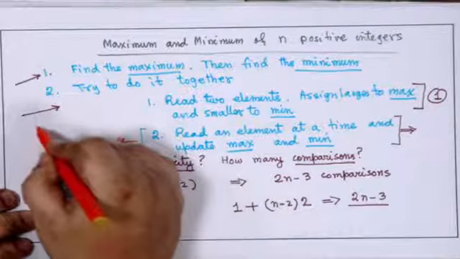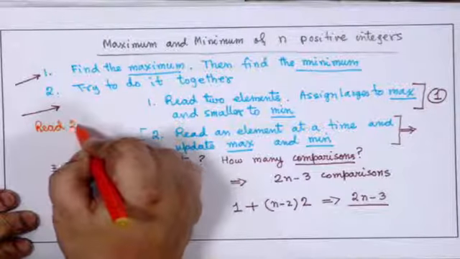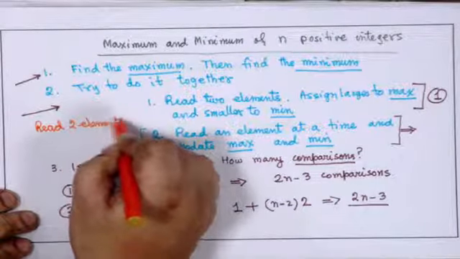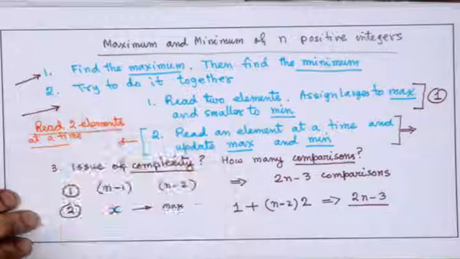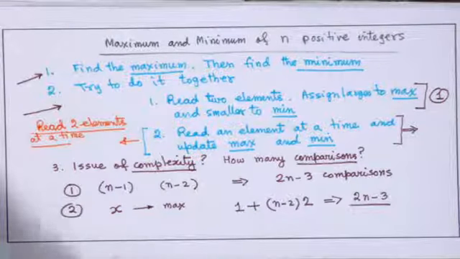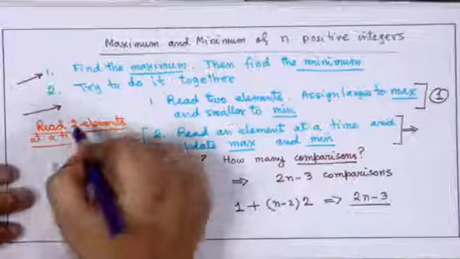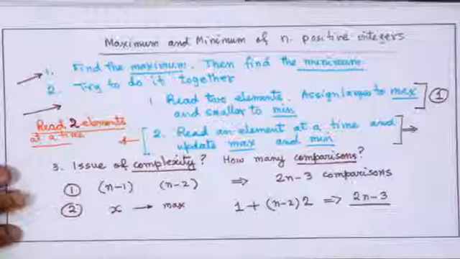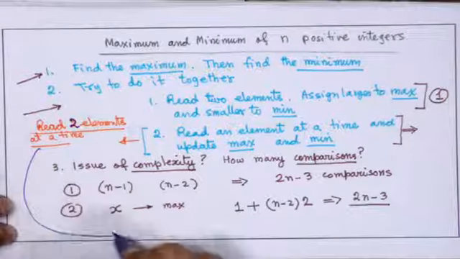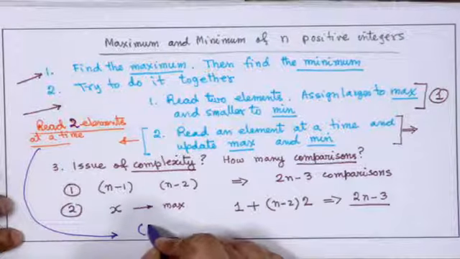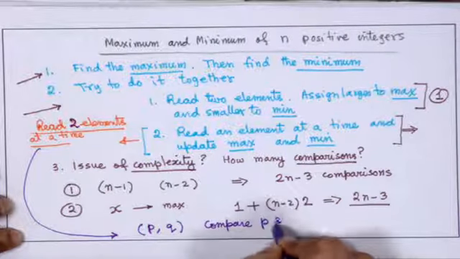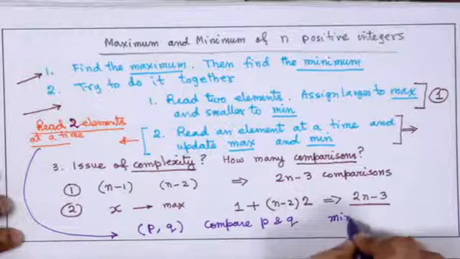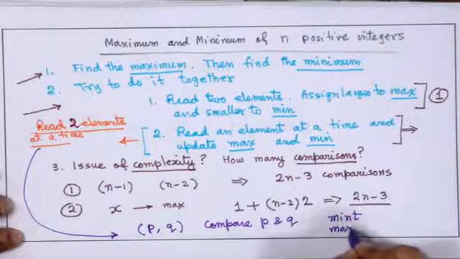What you are saying is, instead of this, read 2 elements at a time. So, you have read 2 elements P and Q, compare P and Q to get min temp and max temp.